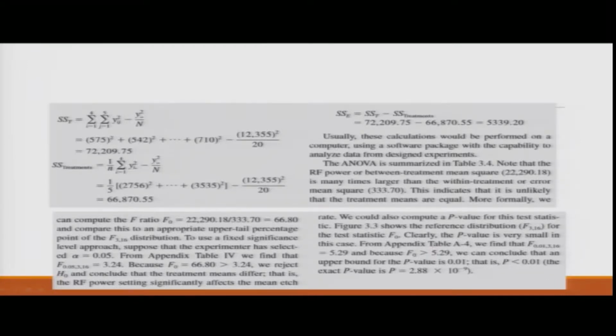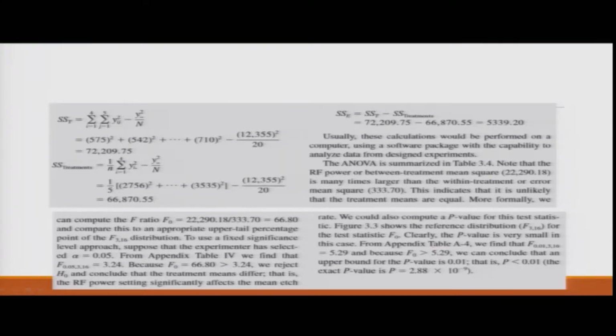To use a fixed significance level approach, suppose the experimenter has selected alpha equal to 0.05 depending on the level of confidence. From there we find the critical value to be 3.24. As 66.8 is greater than 3.24, we reject H0 and conclude the treatment means differ, that is, the power settings significantly affect the mean etch rate.